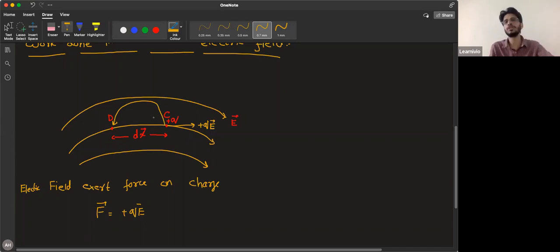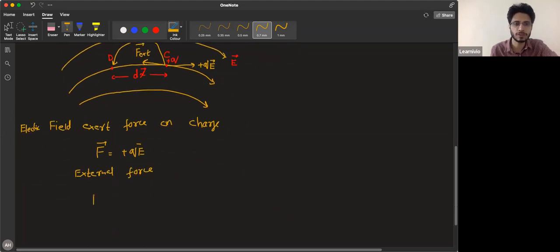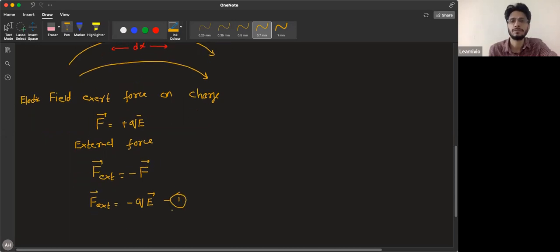And that external force will be in a direction opposite to that of F. So the external force that needs to be applied on the charge, F external, will be the negative of the force acting on the charge due to the electric field. So you can write that F external is minus Q E. That's the external force. Let's call this equation 1.